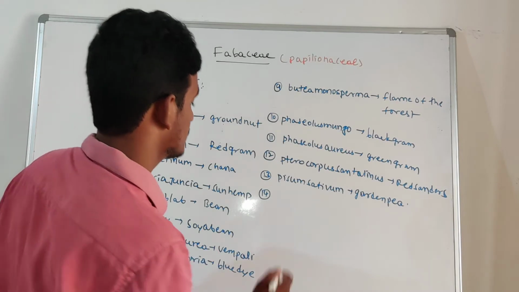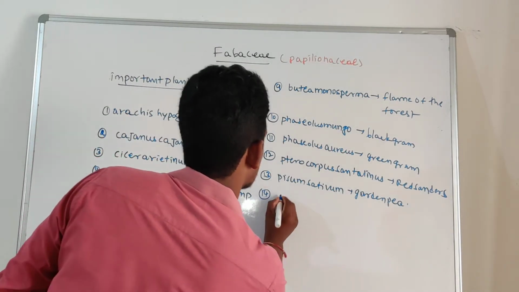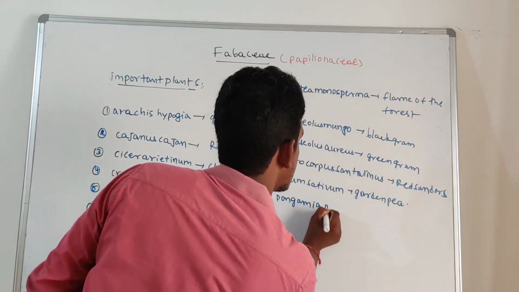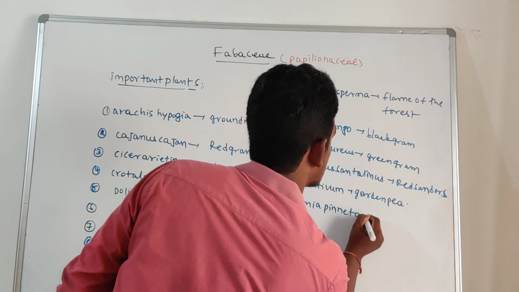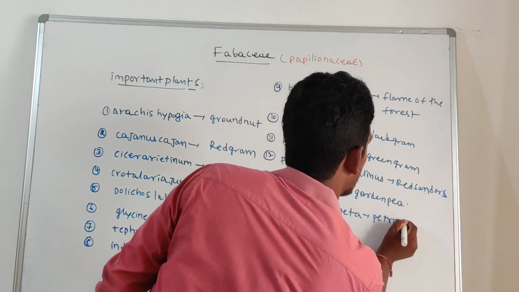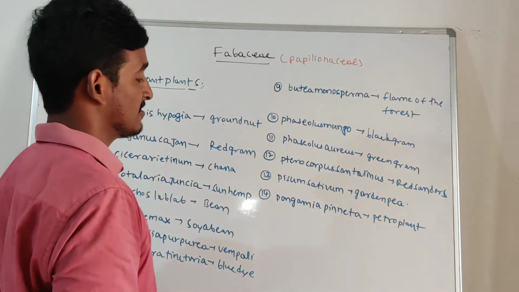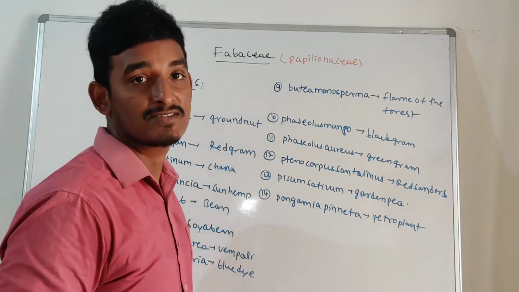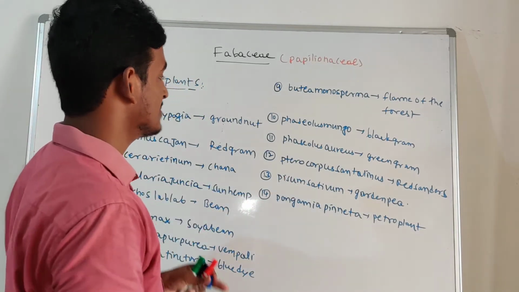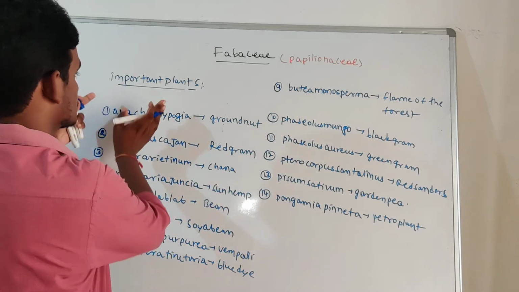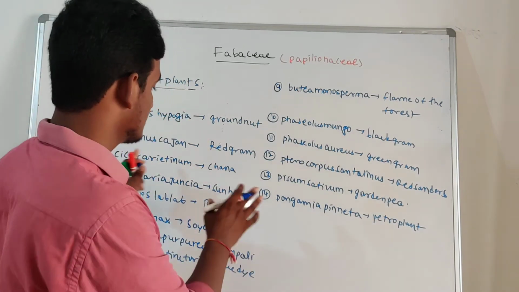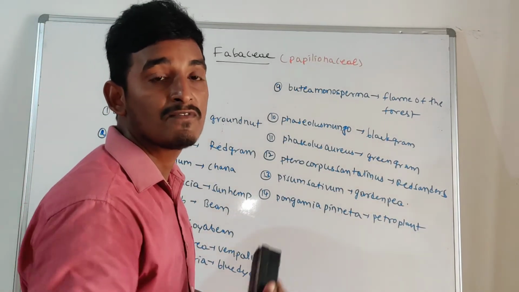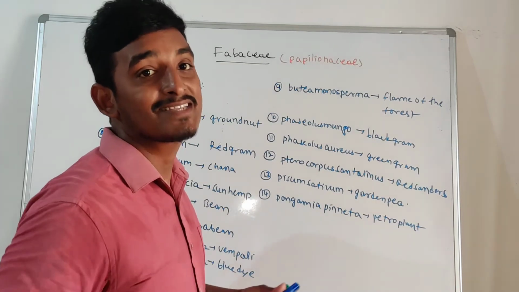Let us see Pongamia pinnata, that is Pongamia indica. These are the plants having economic importance. Along with this, some other plants are also there, but these are the major plants belonging to the Fabaceae family. So that is about various important plants belonging to the Fabaceae family. Later we will discuss the description.